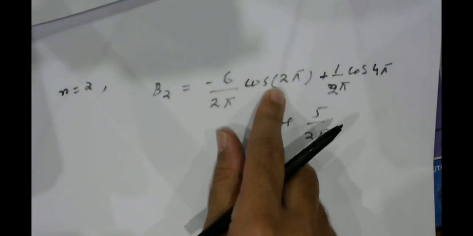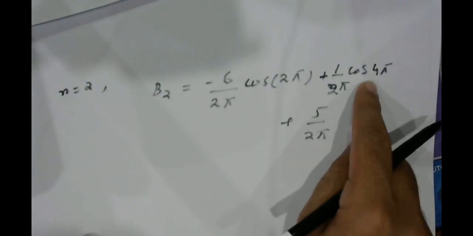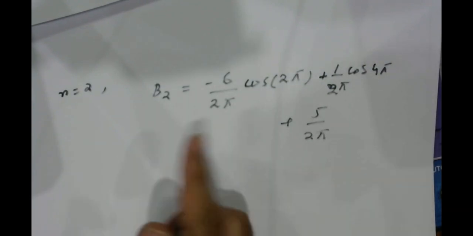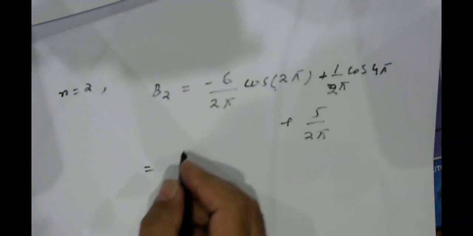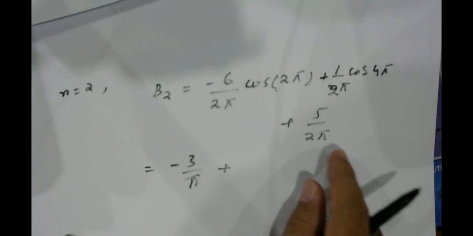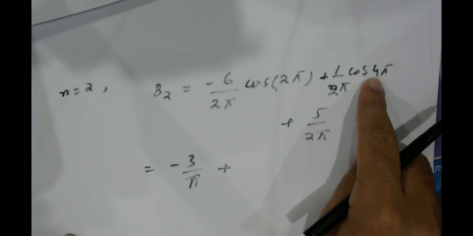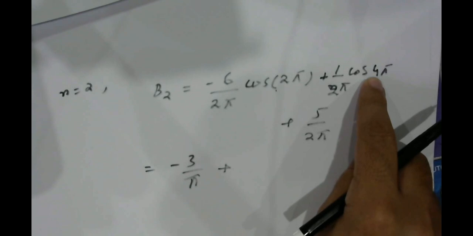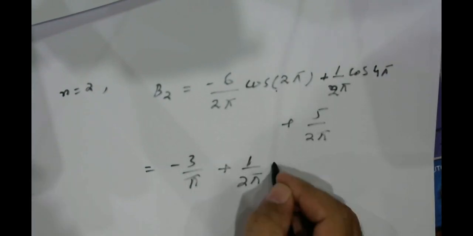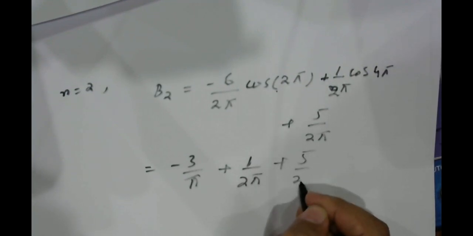Now we just need to simplify this thing. Cos 2 pi is 1, cos 4 pi is again 1, and then 5 by 2 pi. So at the end, this is 1, so this becomes minus 6 by 2 pi, so minus 3 by pi. Then plus 1 by 2 pi, and cos 4 pi is 1, so this becomes 1 by 2 pi, and plus 5 by 2 pi.